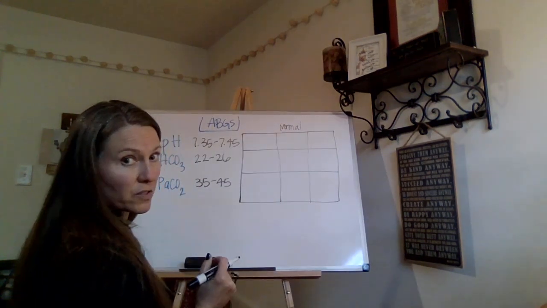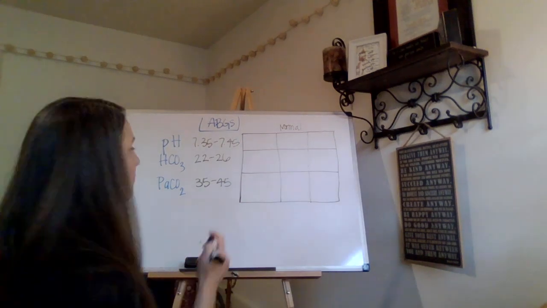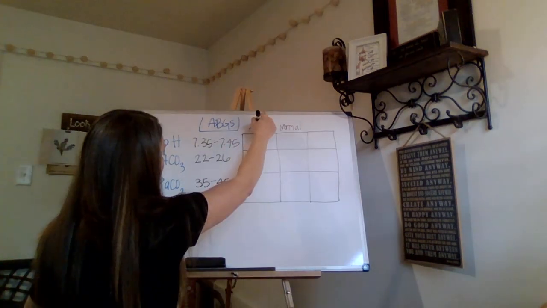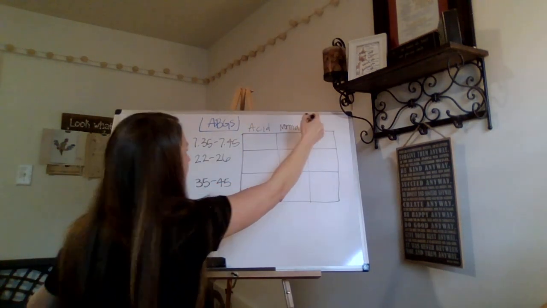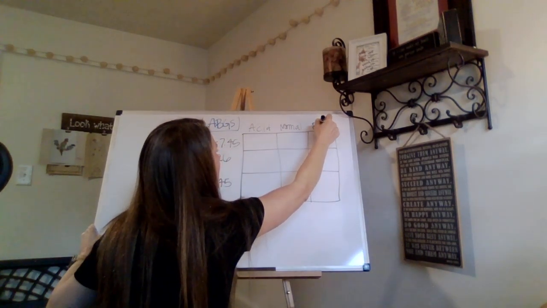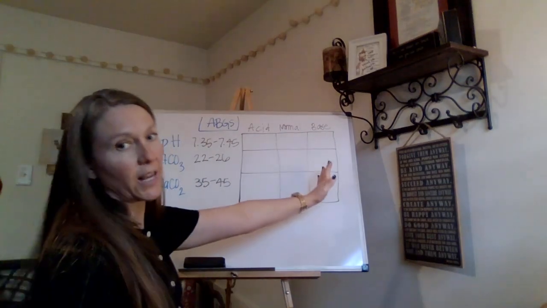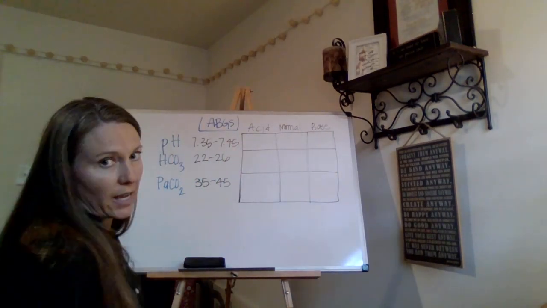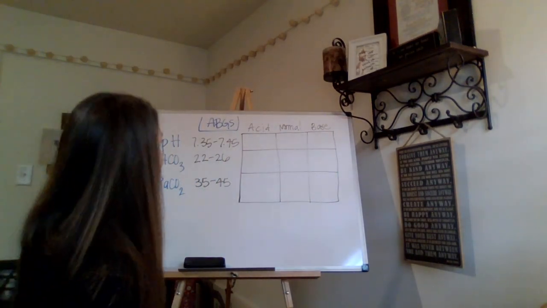My middle section is going to be what's considered normal. The right side is base, the left side is acidic.